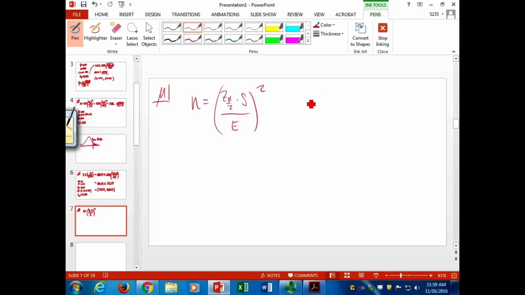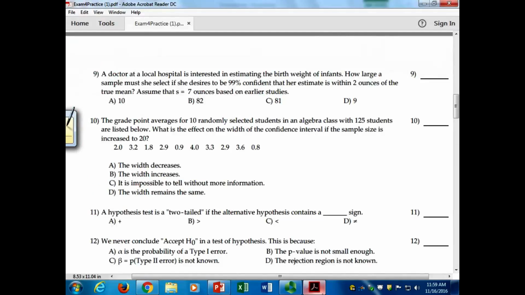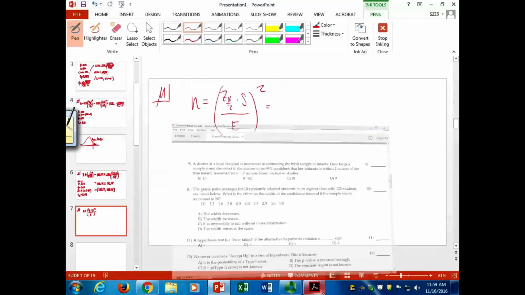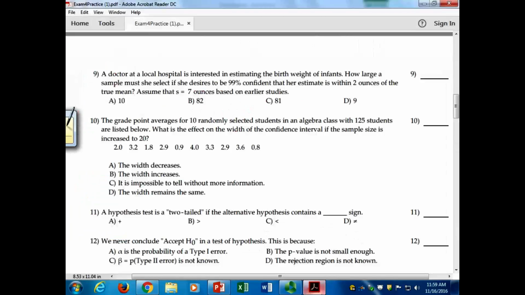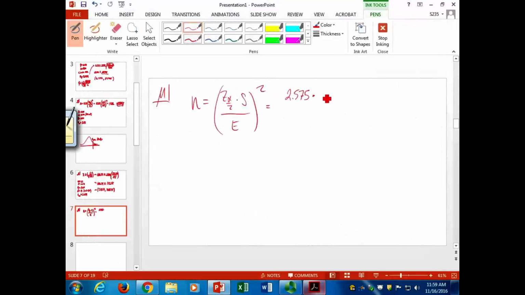In this case, for 99% confidence, our Z multiplier is always 2.575. The estimated standard deviation, S, from previous studies was 7. The problem told us that. And the margin of error we're trying to get down to is 2.